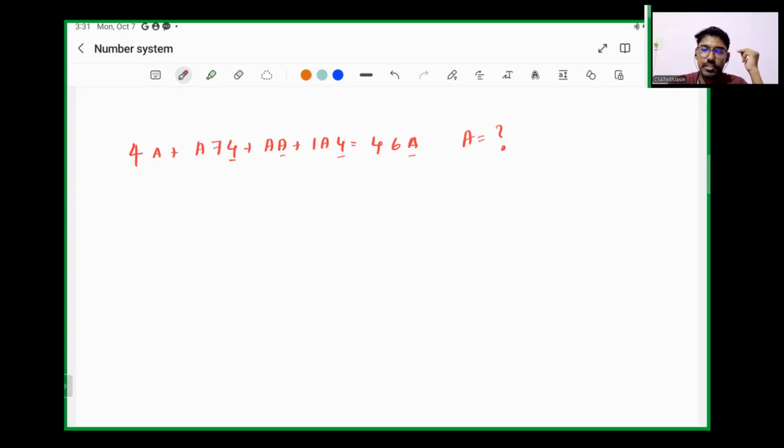Calculations may come, so it's a little bit difficult. So you only do the first method, but just try here.